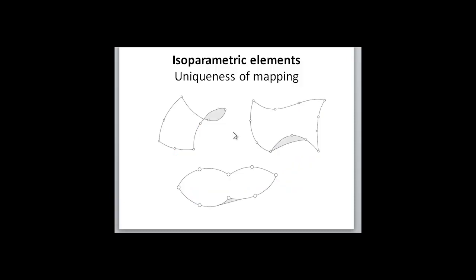From this picture, we can see the uniqueness of mapping. The point represented in the parent element after mapping into an isoparametric element should be represented by the same point, so that the accuracy of the solution is maintained in finite element analysis of isoparametric elements.